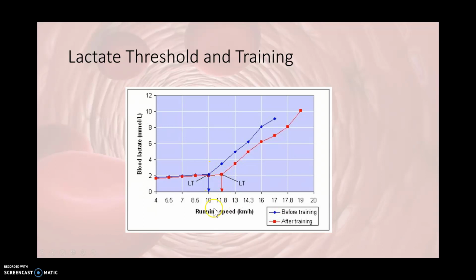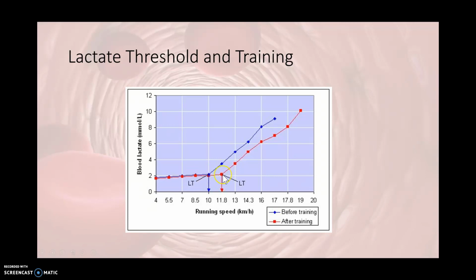Now, at almost 12 kilometers per hour is when we see this trained individual's lactate threshold, which is what we want because that means we are being more efficient with producing and clearing lactate. That means the exercise task can A, last longer, or B, be more intense. So this is what you see with training.